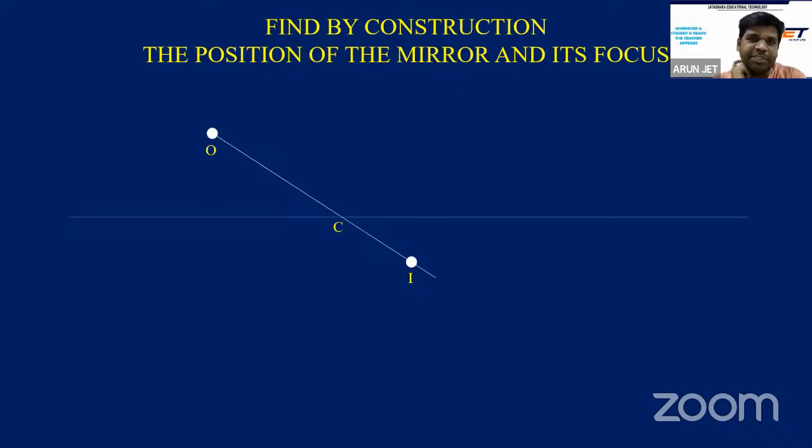Does it make sense to you all, students? Because it will retrace the path, the line joining object and the image intersects the principal axis at C, the center of curvature of the mirror. The mirror we have already decided to be a concave mirror.